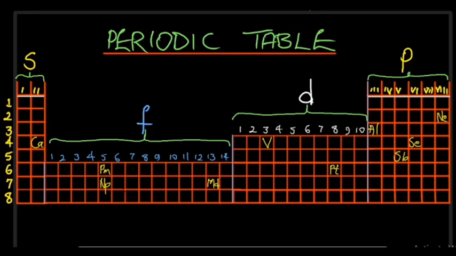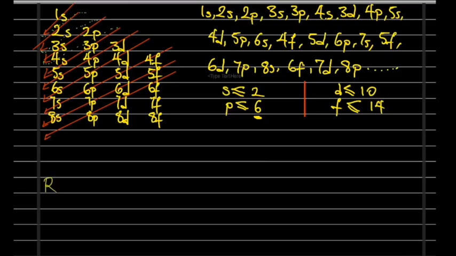Okay, let's take radon. We're taking radon, for example. Radon has an atomic number of 86.